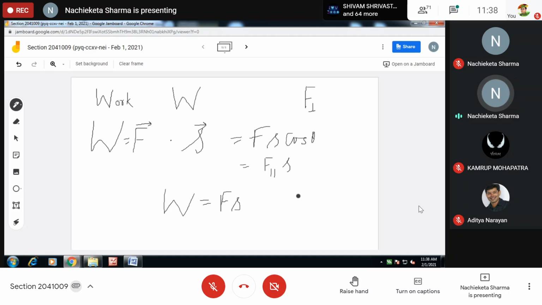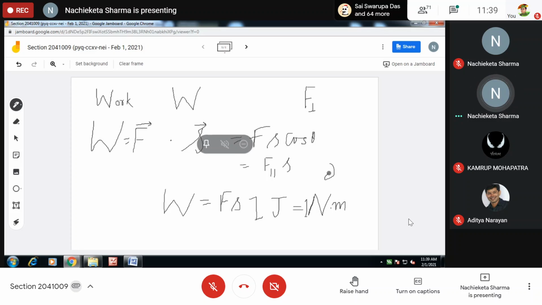From this W is equal to Fs, we can find out the unit of W, because the unit of force is Newton and the unit of displacement is meter. So Newton into meter, this dot means into. So Newton into meter is joule, and joule is capital J. So 1 joule is equal to 1 Newton into meter.